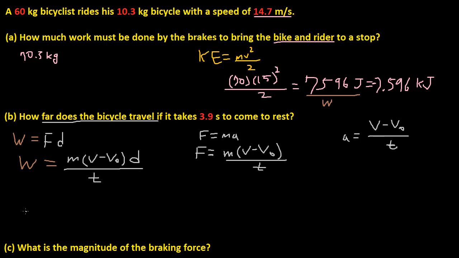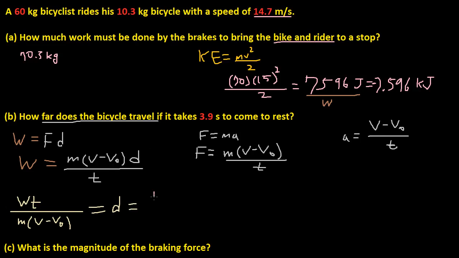We multiply t on each side, so we get work times t, then divide by m times v minus v naught, and that's going to equal d.